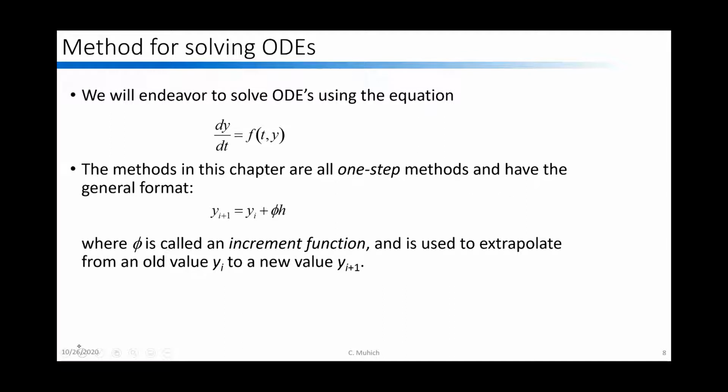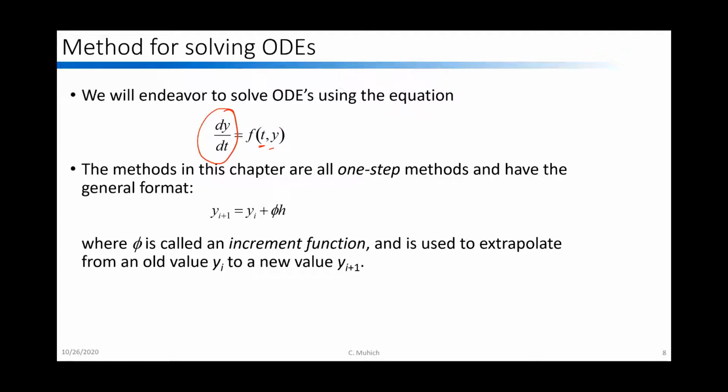So let's talk about how we're going to approach solving this. We know that we want to solve an ODE, say maybe dy/dt, which is a function of perhaps y and perhaps t.